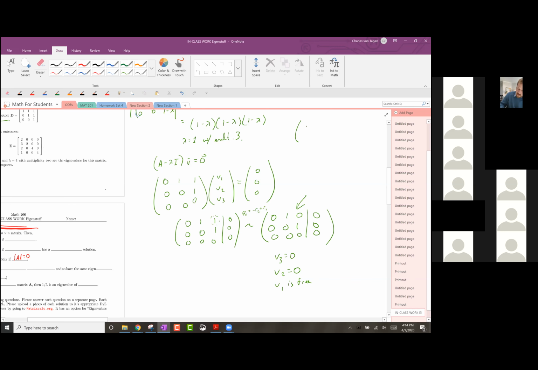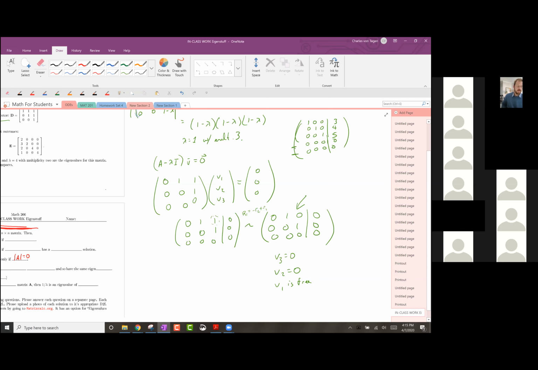Because I could have this matrix just fine: 1, 0, 0, 3, 0, 1, 0, 4, 0, 0, 1, 5, and then I could have more rows of all zeros. This doesn't mean that there's some V4 or V5 that are free. This only has as many variables as it has columns. So when you're looking to see what's free, you're asking which variables have pivot columns and which have columns of all zeros.